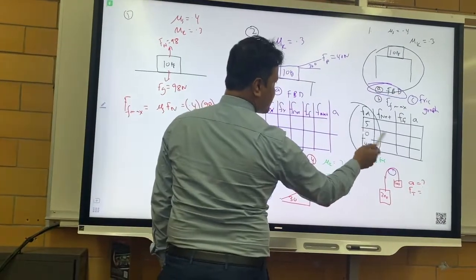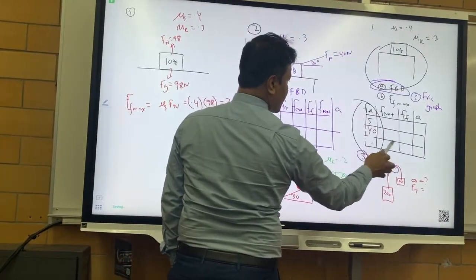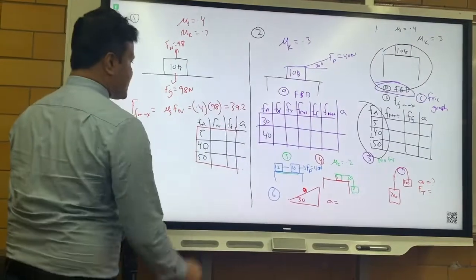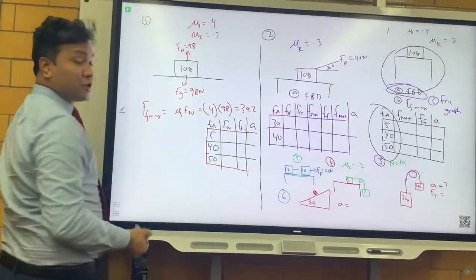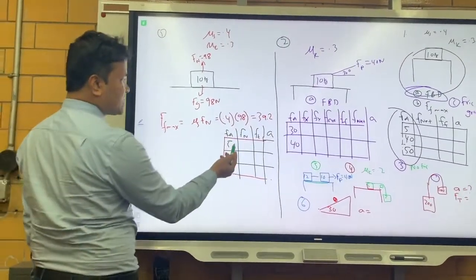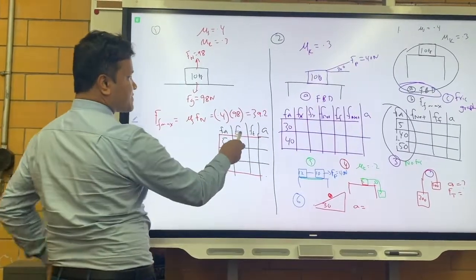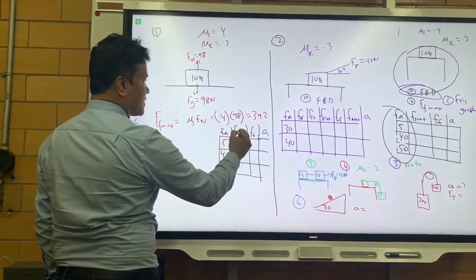Let's make it 40, and let's make it 50. All right, is 5 greater than 39.2? No. So we first have to find force of friction, and then net force.